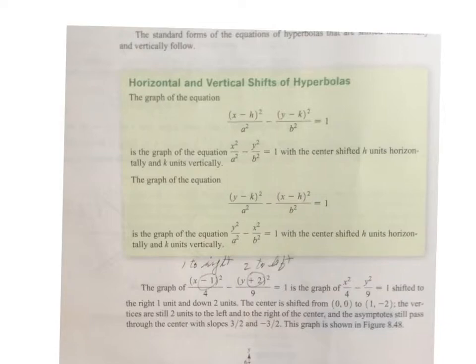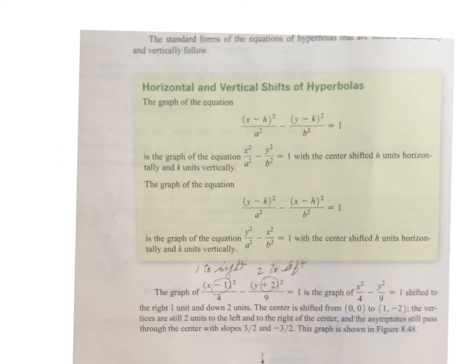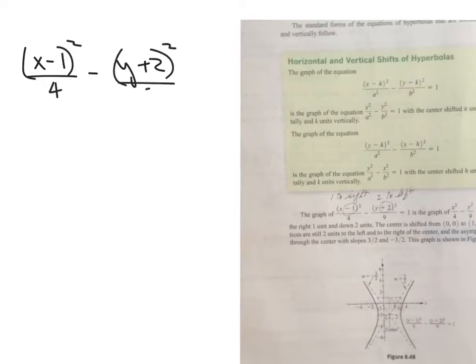So let's go ahead and just write one on here in the correct form. Let me move this, make it a little smaller so I have room to write. So let's just write x minus 1 quantity squared over 4 minus y plus 2 the quantity squared over 9.